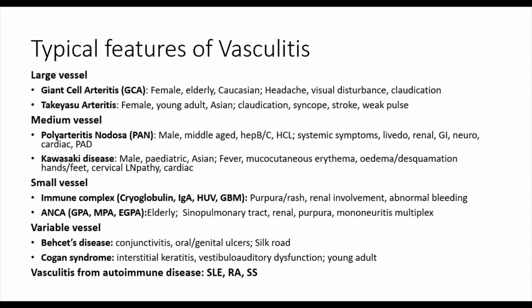The three main subtypes are that of granulomatosis with polyangiitis or GPA, microscopic polyangiitis or MPA, and eosinophilic granulomatosis with polyangiitis or EGPA. These three subtypes have overlapping and distinct features.